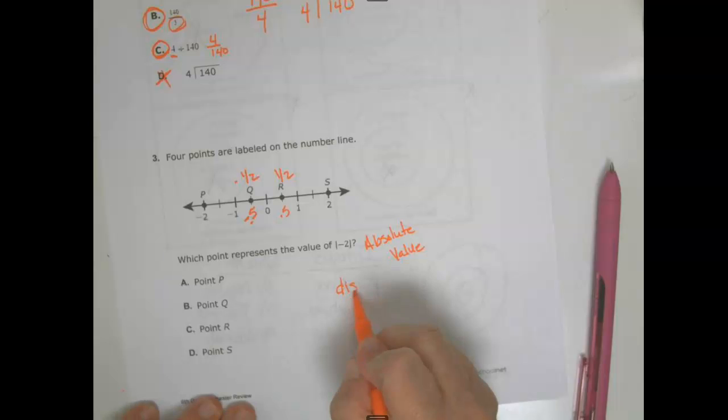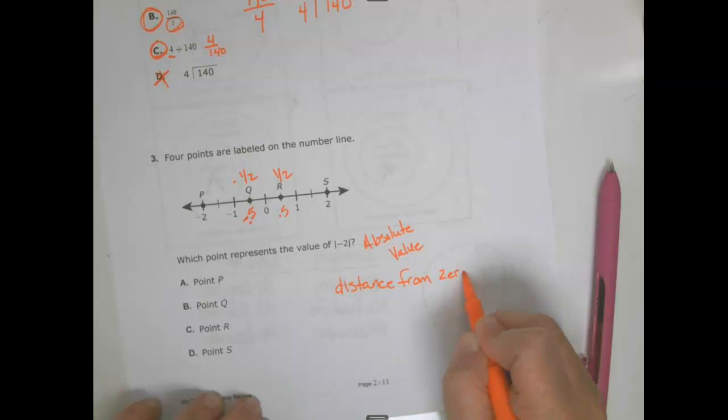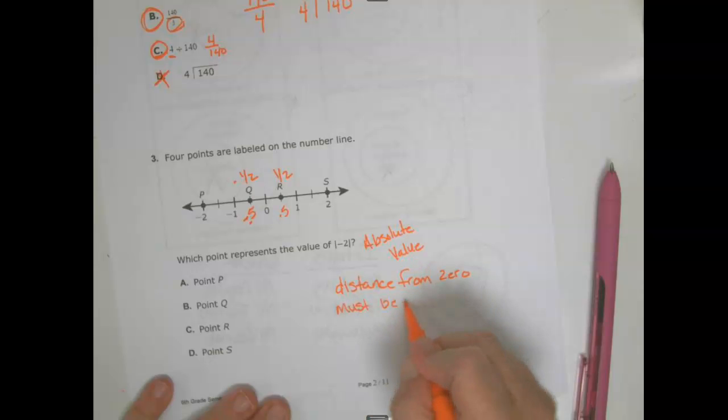Absolute value is the distance from 0, and it must be positive. So the absolute value of -2 is 2. So the point that is on 2 is S. So my answer is D.